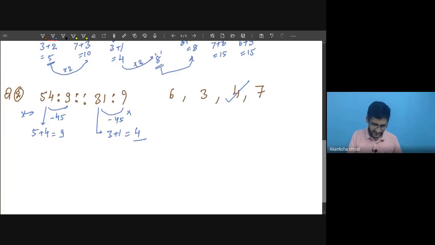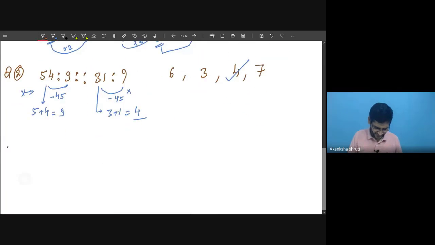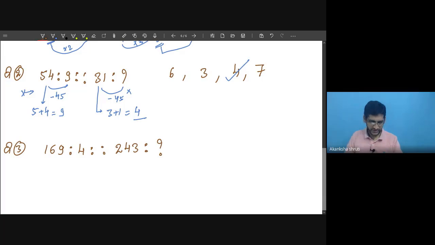Students, let me do one more question. Question number 3, very simple. 169 is to 4. This was asked in stage 2. 243 is to what?